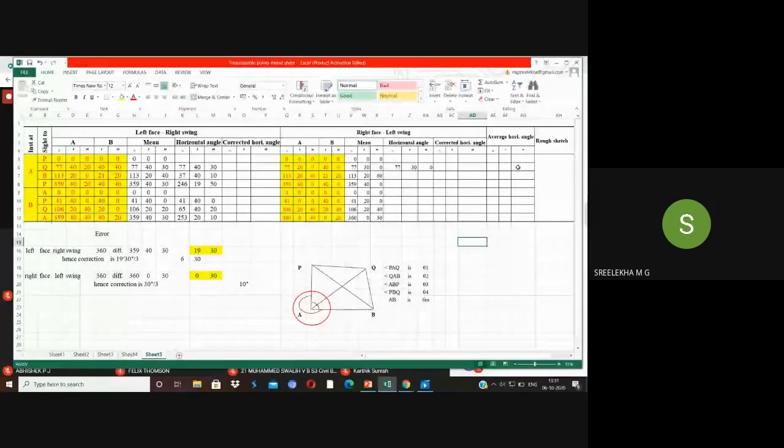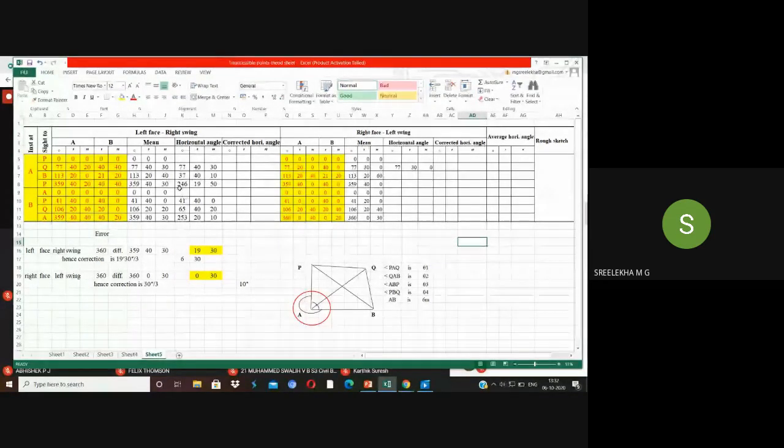Whatever be the angles you are getting as the corrected horizontal angles from both faces, take the average of that. That will be the average horizontal angle to be written here. In each row, you'll have to complete that just by entering whatever be the readings got from your vernier readings, take the mean. So you'll be getting two mean sets. From that you are deducing whatever be the horizontal angle between the adjacent 2 points.